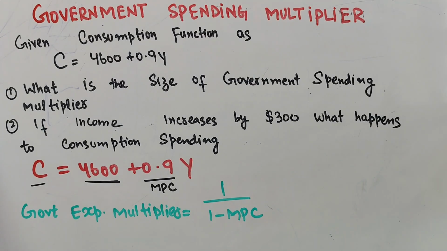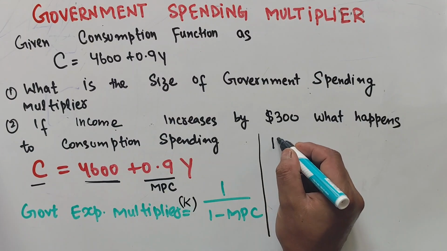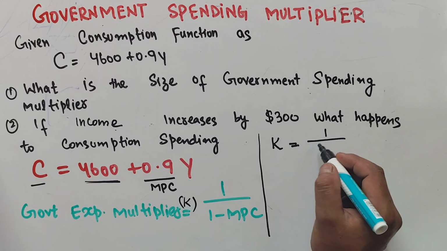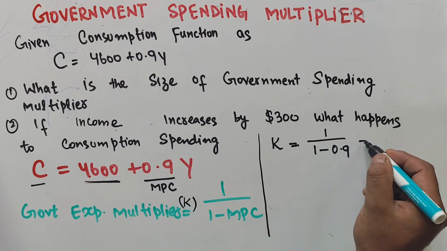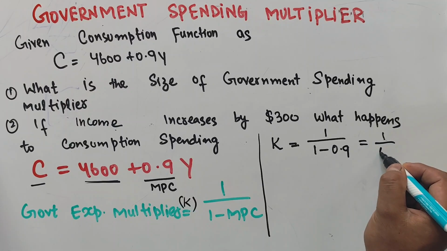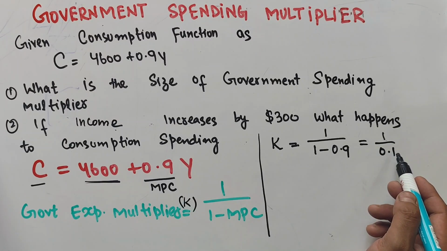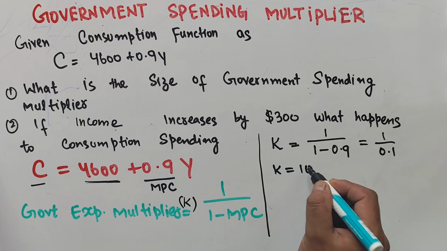In the next videos I will also try to derive this formula. Let's denote it by K. That means K denotes the government expenditure multiplier. It will be equal to 1 divided by 1 minus MPC, which is 0.9, which comes out to be 1 divided by 0.1. And 0.1 can be written as 1 upon 10. That means the government spending multiplier will be equal to 10.